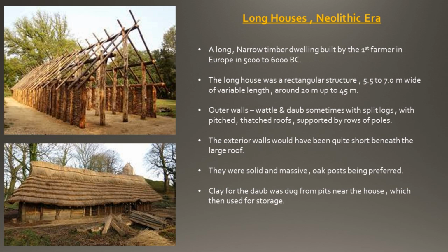Let's learn in brief. First, long houses: a long and narrow dwelling made of split logs, daub and wattle, with a thatch roof. The basic size of the structure was about 5.5 to 7 meters wide and around 20 to 45 meters in length. They were solid and massive. Oak posts were used in the construction.